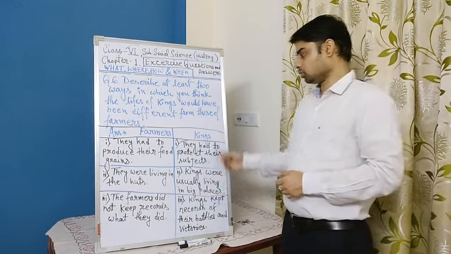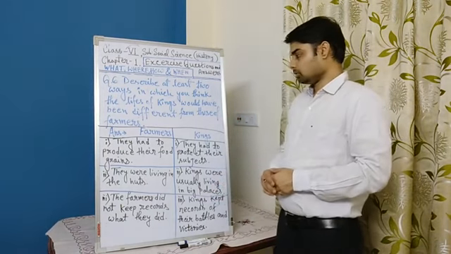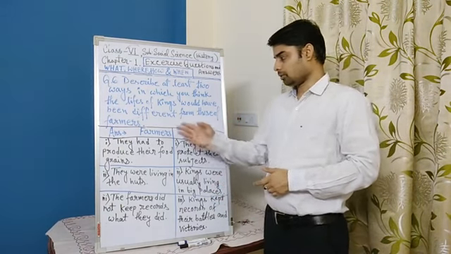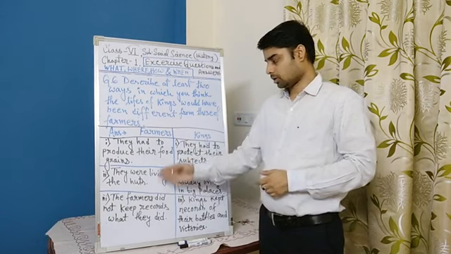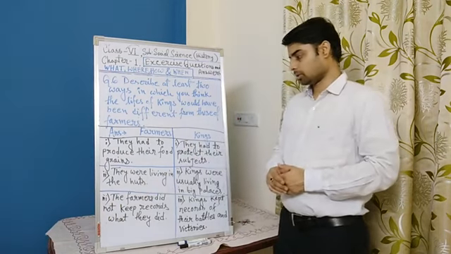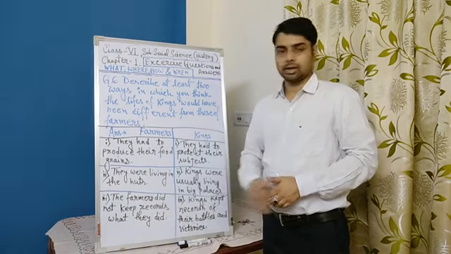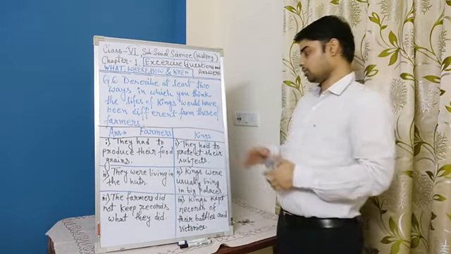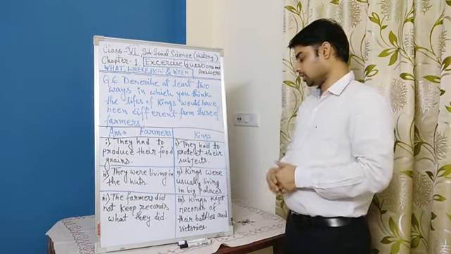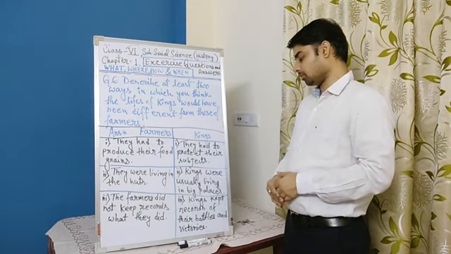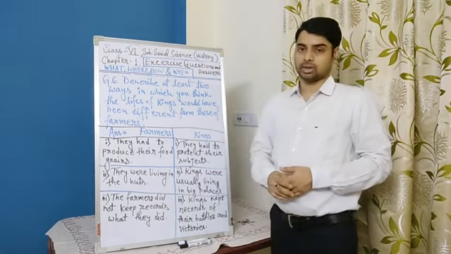Now we go for point number 3 of farmers. In the column of farmers, write down point number 3, that the farmers did not keep records of what they did. And in the column of kings, point number 3: kings kept records of their battles and victories.